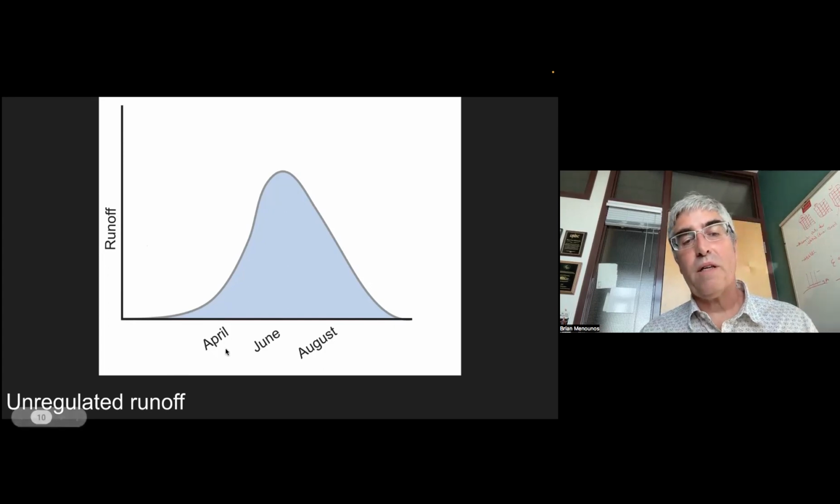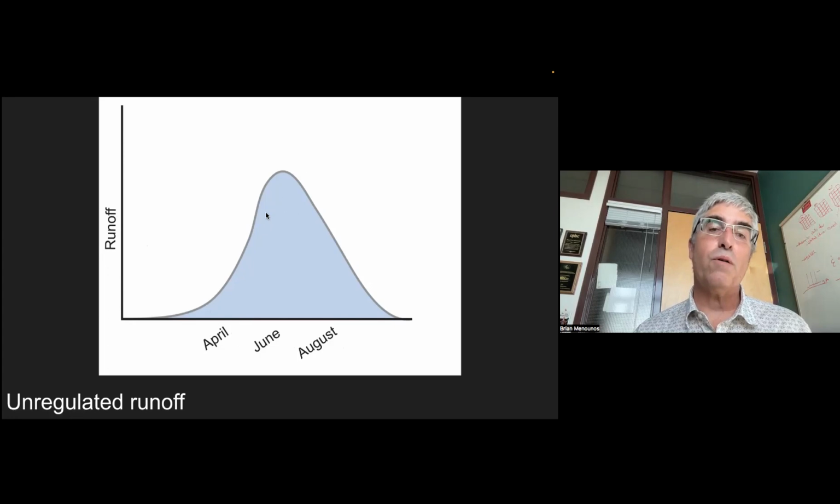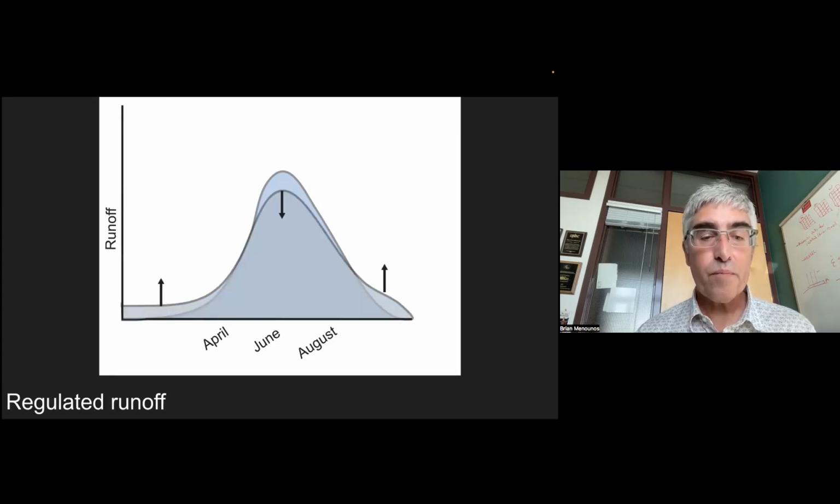And then we could look at the corresponding time that discharge or runoff is released to a watershed. For a typical unregulated watershed, that is with no dams, no reservoirs, this is a typical hydrograph that we might expect during snowmelt and then later glacier runoff.